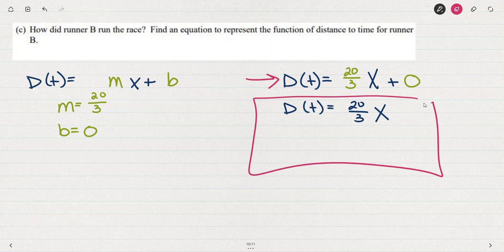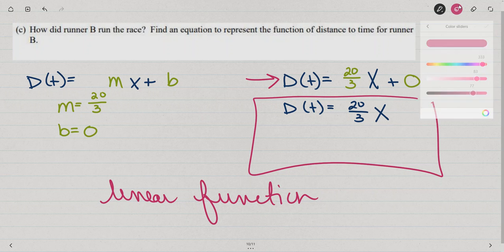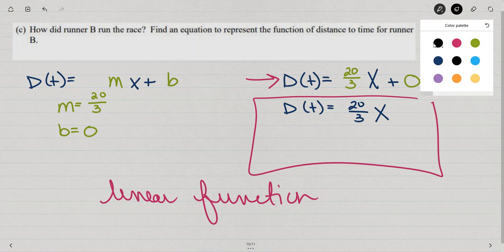So our 20 is how much the distance changed, and the 3 is how much time has gone by. So 20/3. The distance with respect to time equals 20/3 x. And this is an example of a linear function. And when we graph a linear function, we get a line.